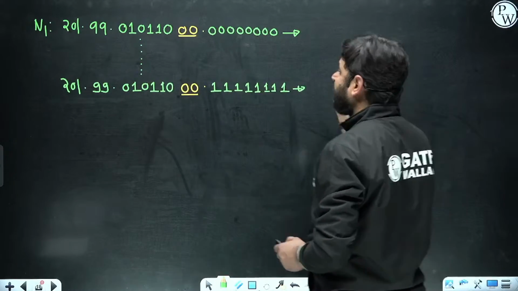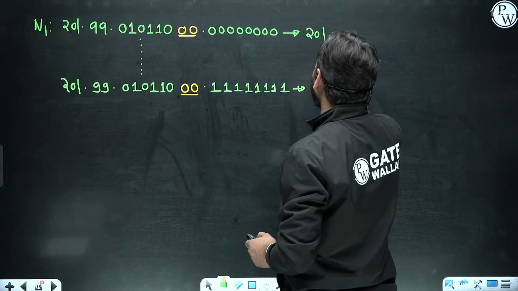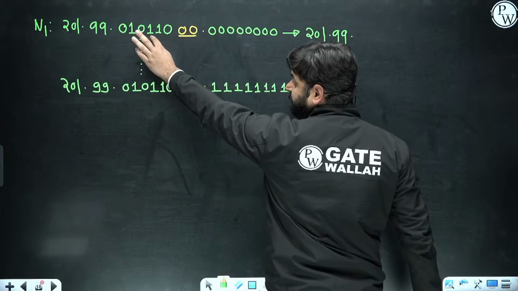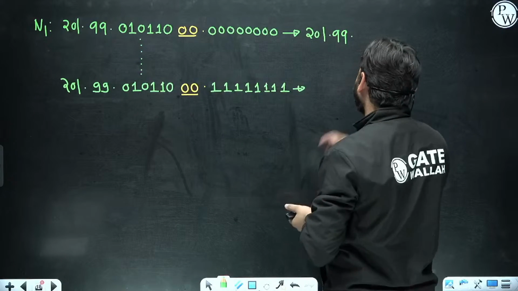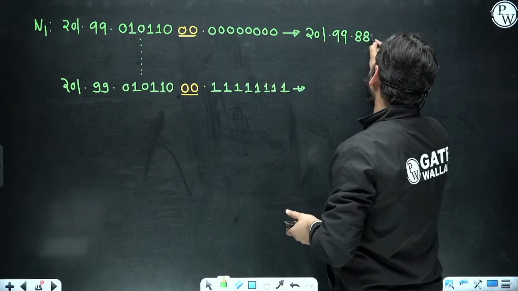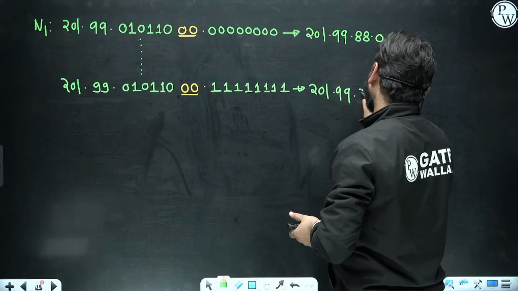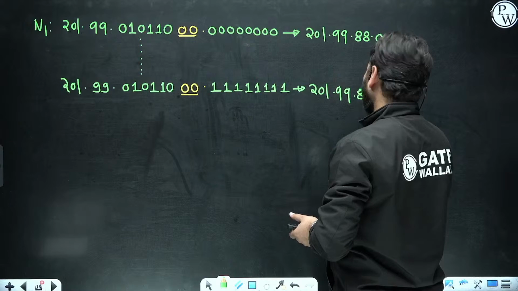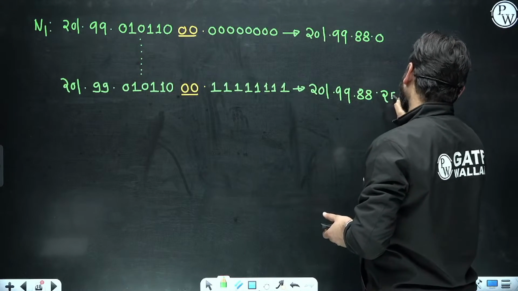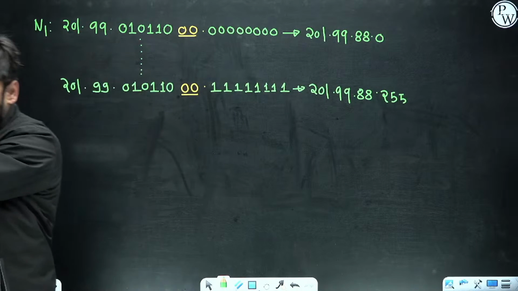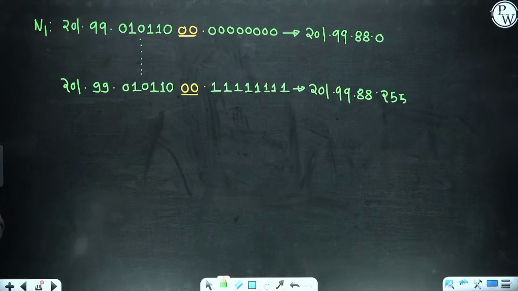First number is nothing but 201.99. This is 64 plus 16, 80, 80 plus 8, 88. So 88.0. Last number 201.99.88.255. Is it clear or not? Tell me, is it clear or not?